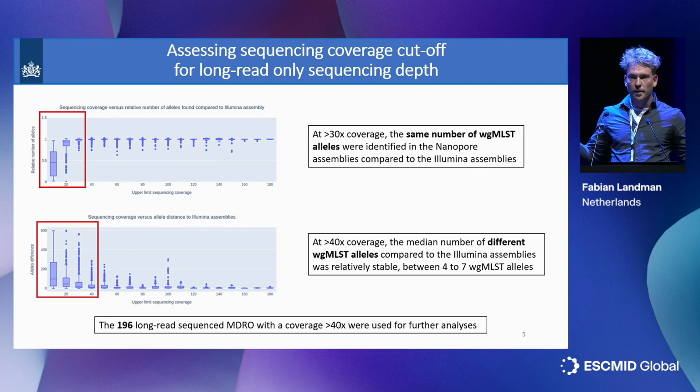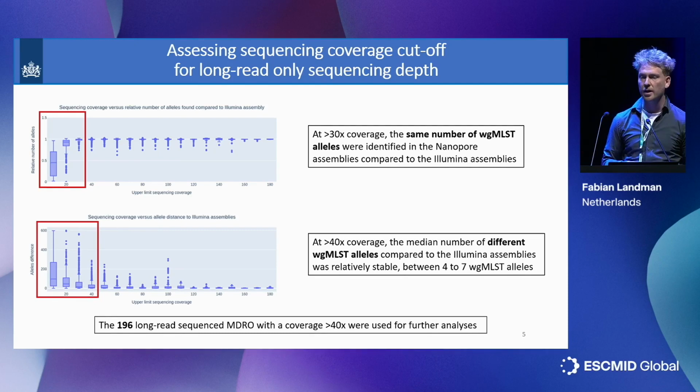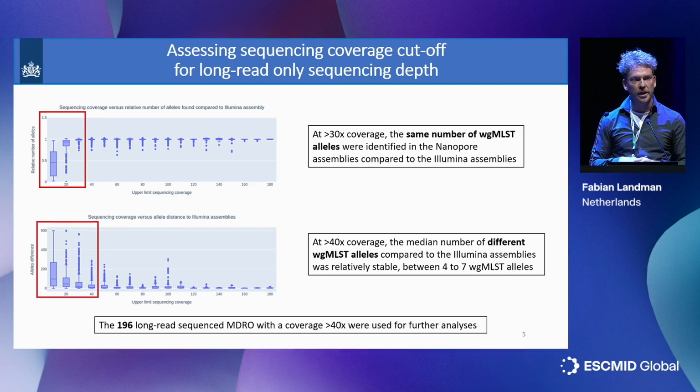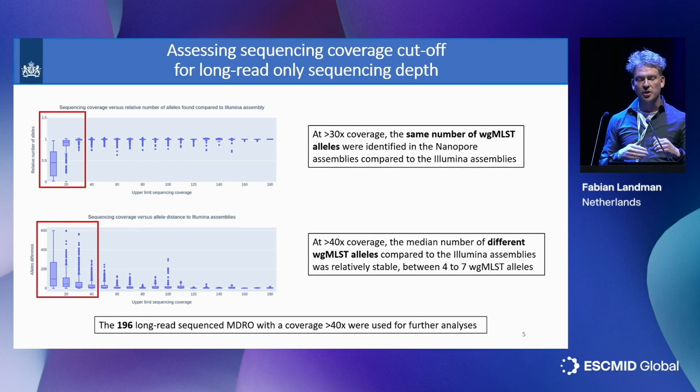So we threw all these isolates in a bunch, and we checked what coverage you need to find the same amount of genes in the whole genome MLST schemes that you find with Illumina. We binned these isolates based on their coverage from the flow cells, and we see that from 30x coverage and up, you find the same amount of alleles.